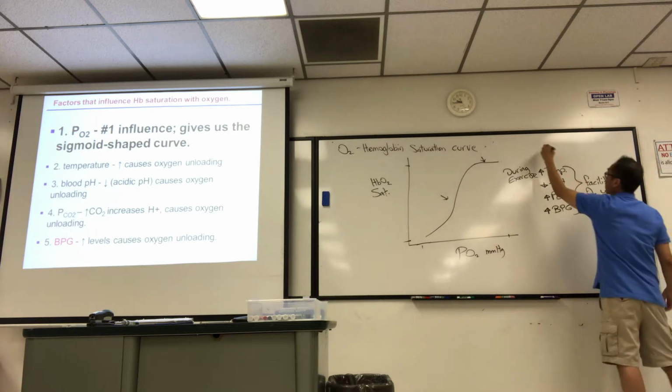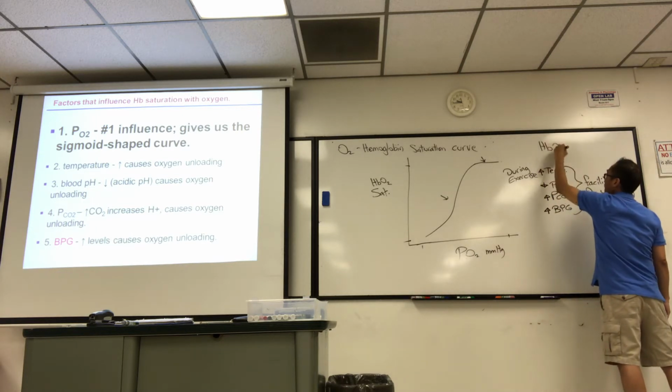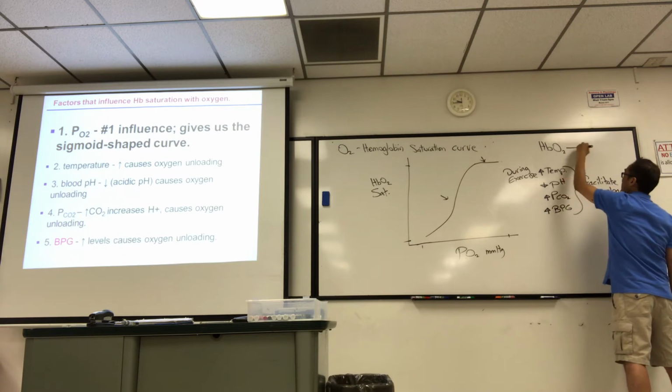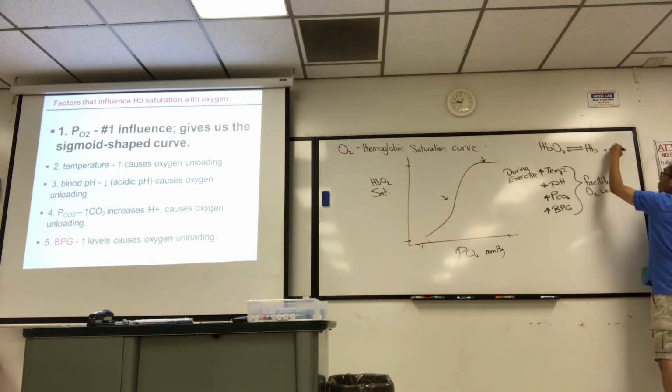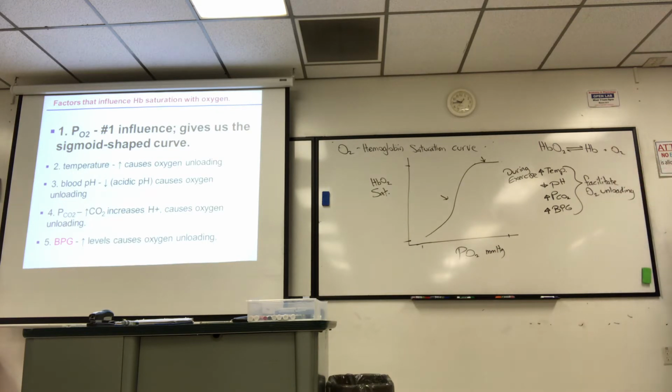Put it another way: hemoglobin bound to oxygen, that chemical equation can go either way. It's hemoglobin plus O2, just to put that in chemistry form. You're just getting more of this. Oxygen is free to enter the tissues. So this is basically during unloading.